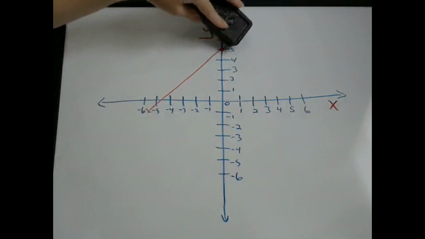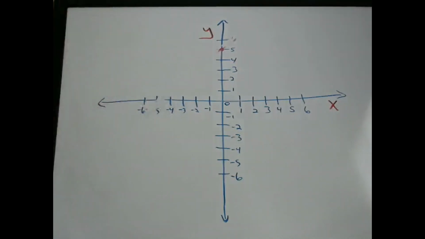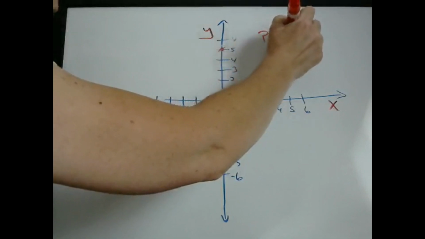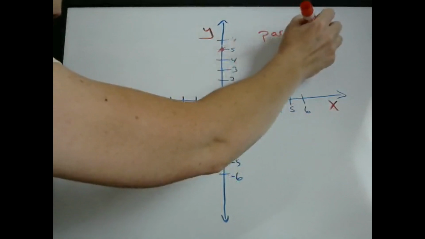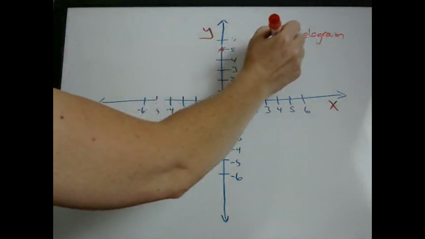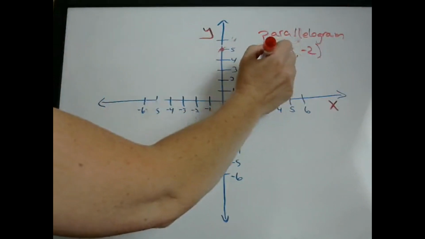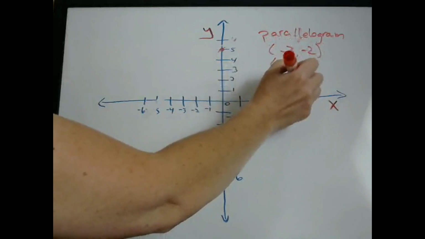One other way that they might test you on graphing and plotting is they may give you some points, for example, for a square or a parallelogram, and they'll ask you to find the last point. So let's say they give you a parallelogram, and they give you 3 points. -3, -2, -1, 2, and 3, 2.